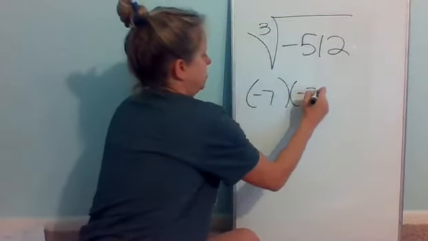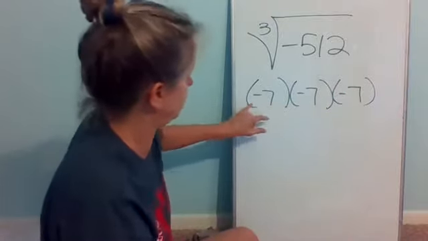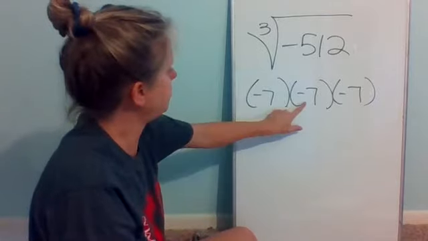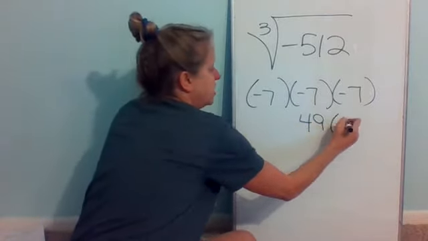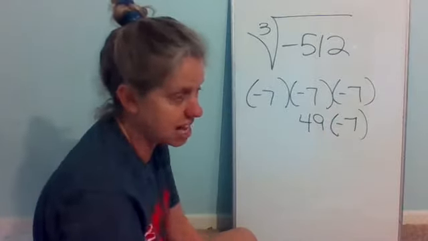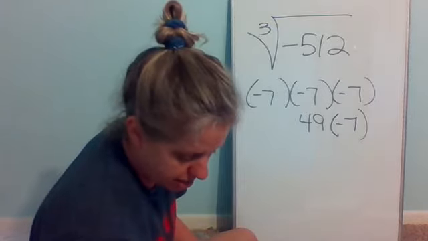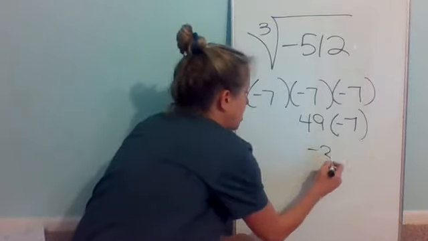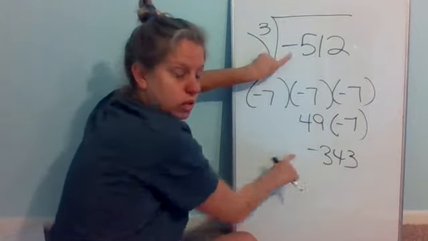Negative 7 times negative 7 times negative 7, right? I know I need to use a negative because 3 negatives when you multiply them together give you a negative. Negative 7 times negative 7 is positive 49. Bring down that negative 7, and 49 times negative 7 gives me negative 343. Too low. Let's try the 8.